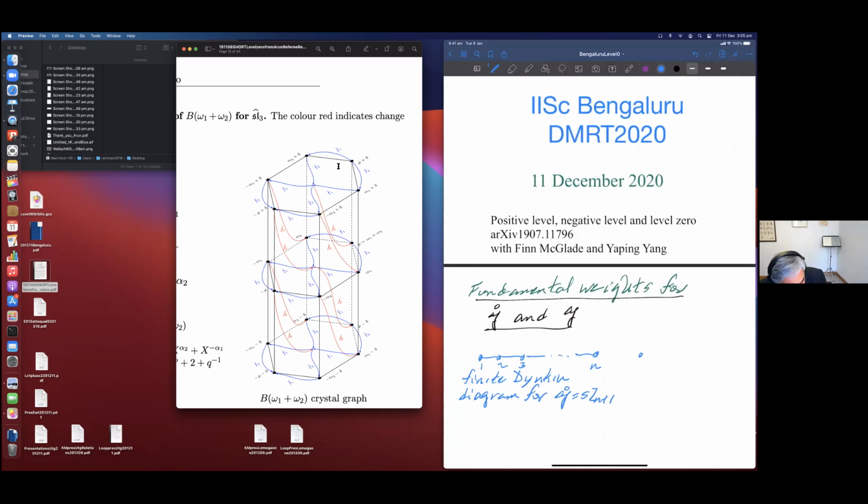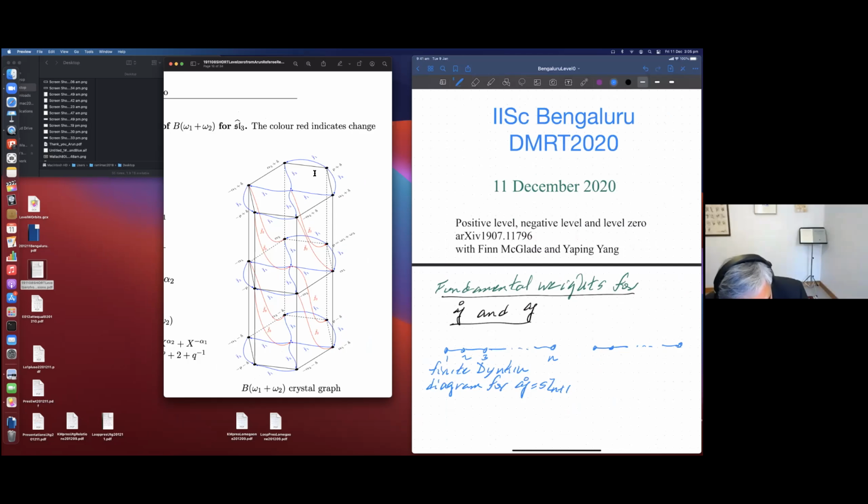And then the affine Dynkin diagram is exactly the same. There's a very wonderful procedure for adding an extra node, which is 0 there.